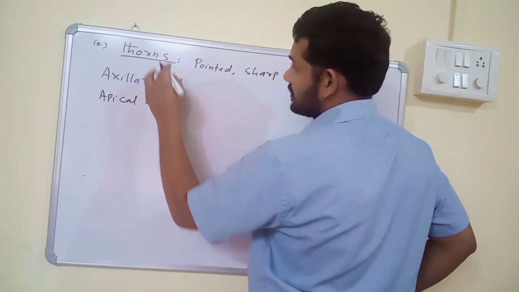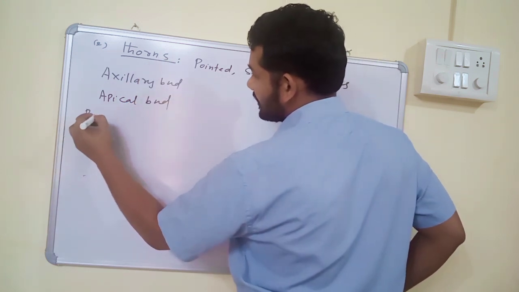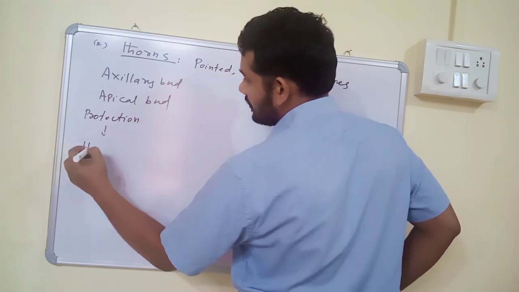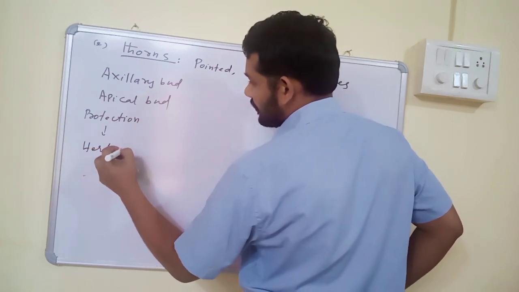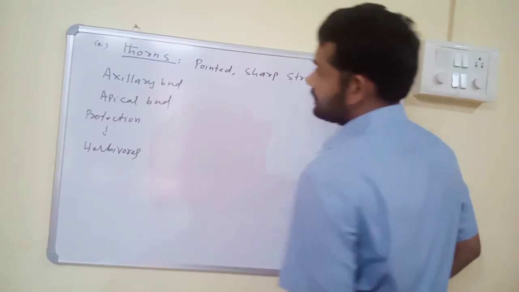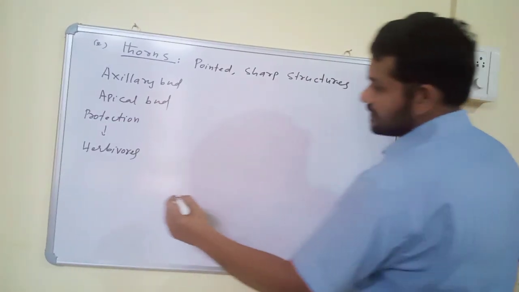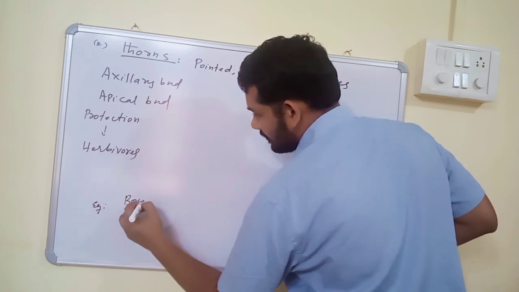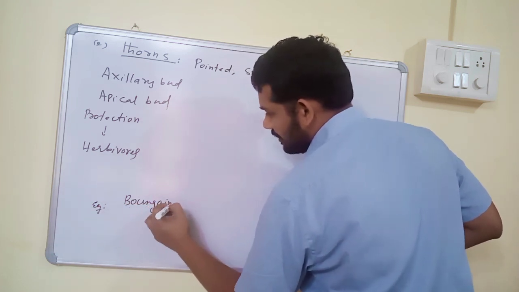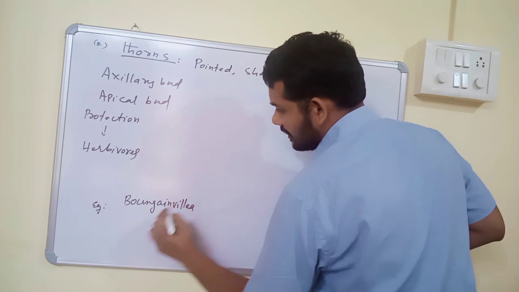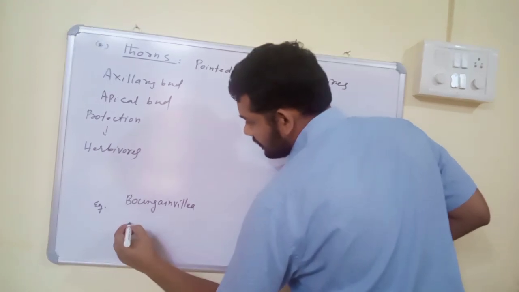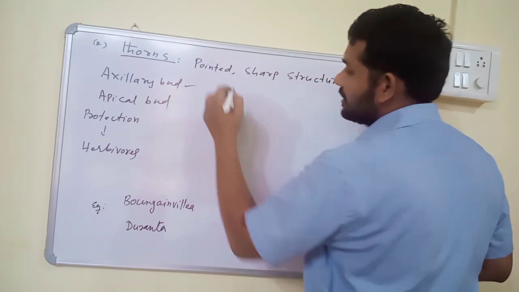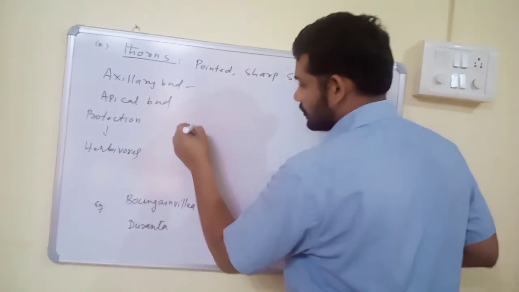And these thorns usually give protection from herbivorous animals. And in some cases, for example bougainvillea and Duranta, in these two cases, the axillary bud is modified into thorns.